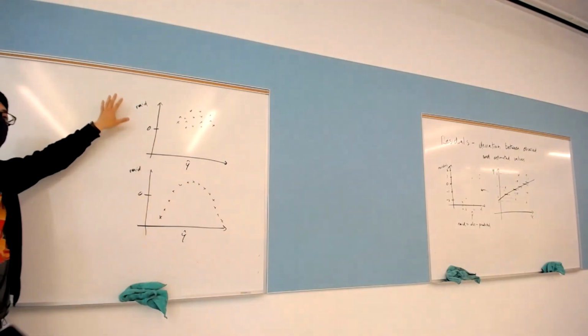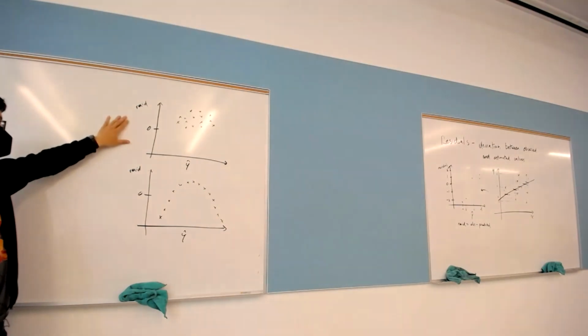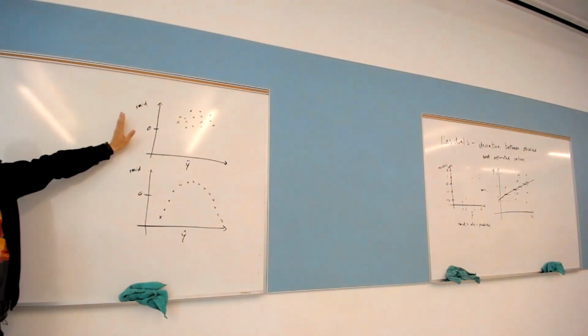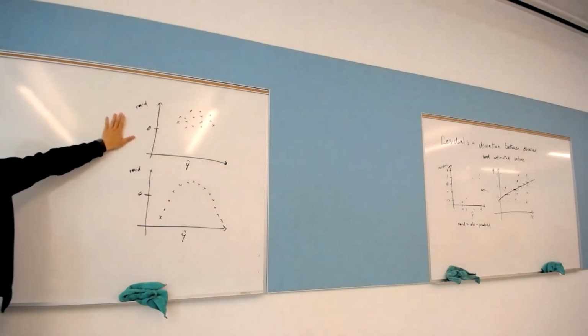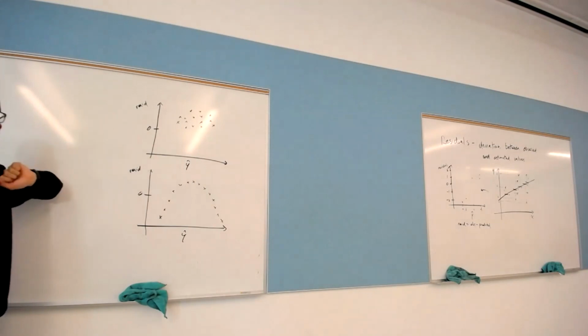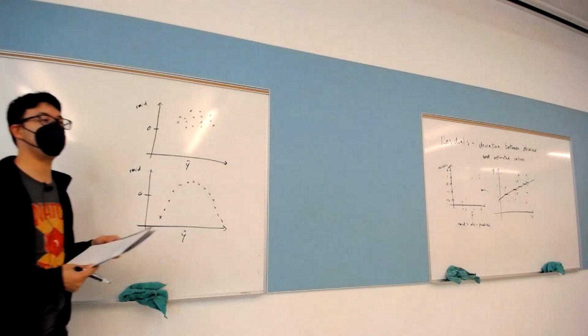Okay. Who can tell me any sort of inferences about these residual plots? What do you guys think about these guys?